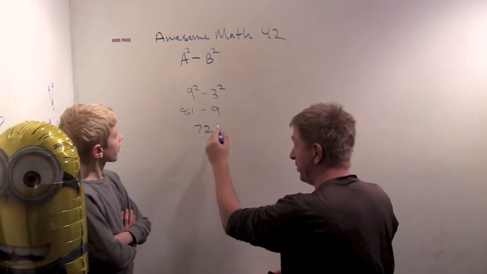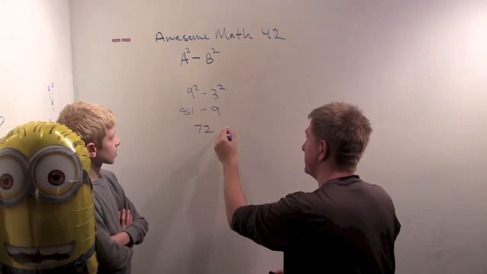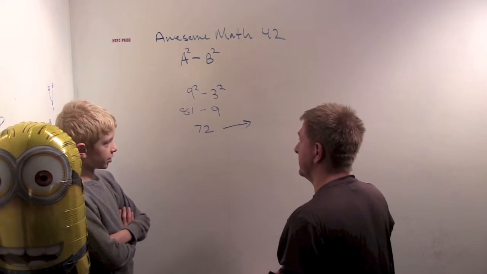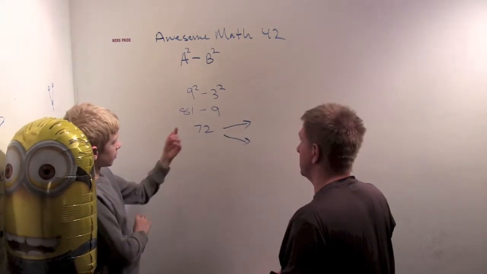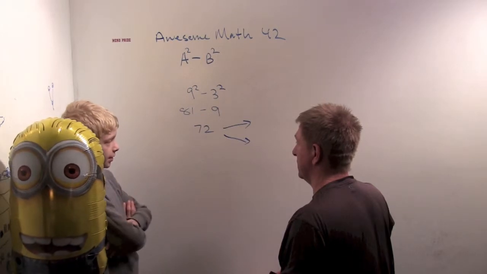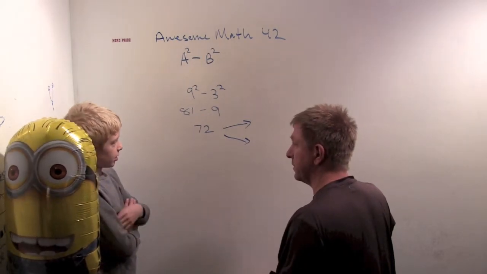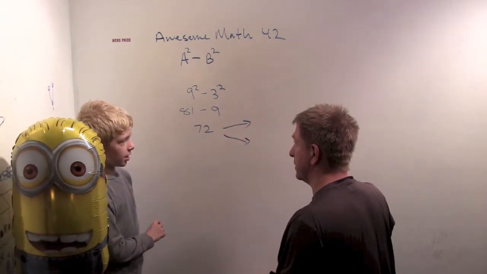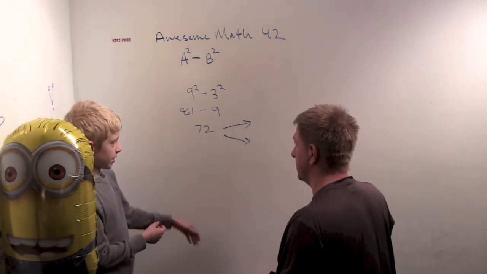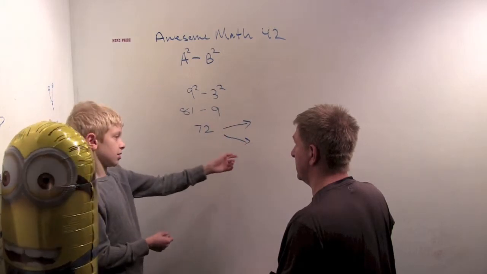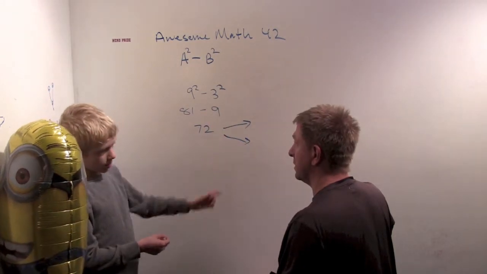Okay, and by your rule that you have, what should 72 be equal to? It would be the sum of the factors, a minus b and a plus b.